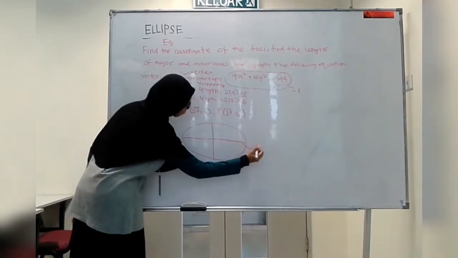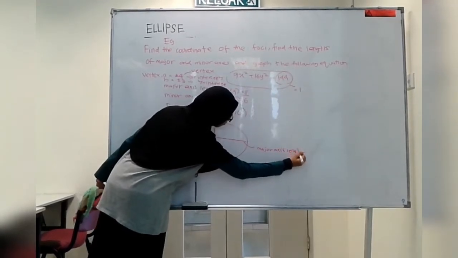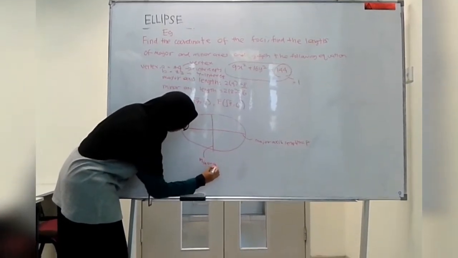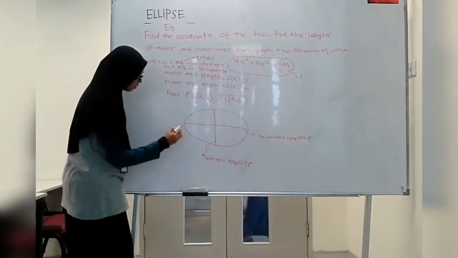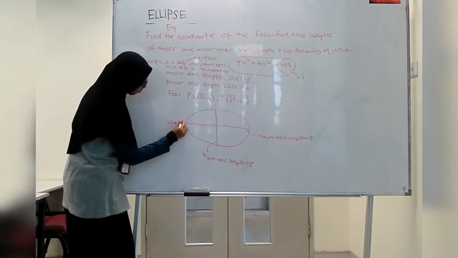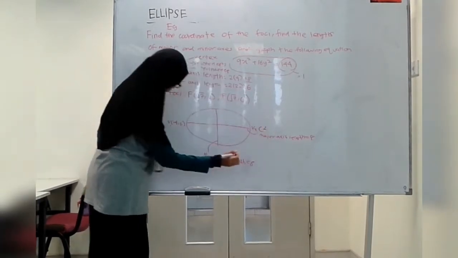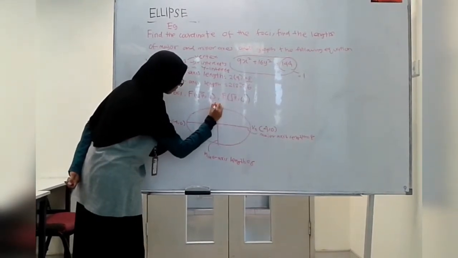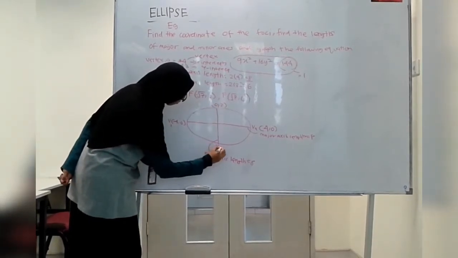The vertices are negative 4, 0 and 4, 0, which are vertex 1 and vertex 2, and the y-intercepts are 0, 3 and 0, negative 3.